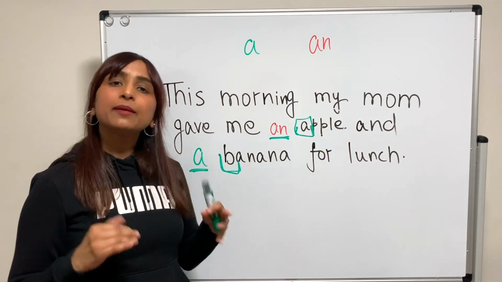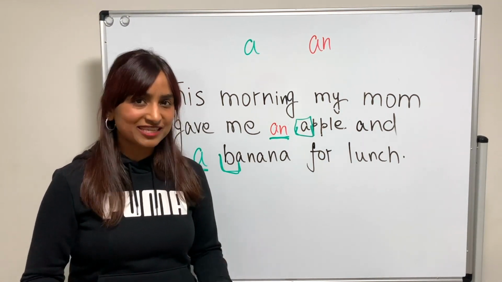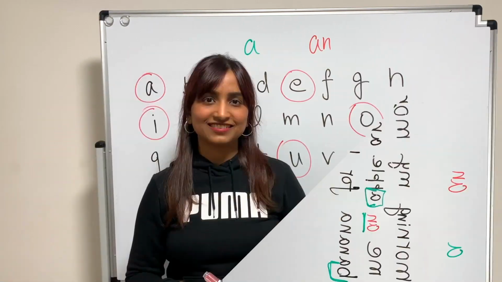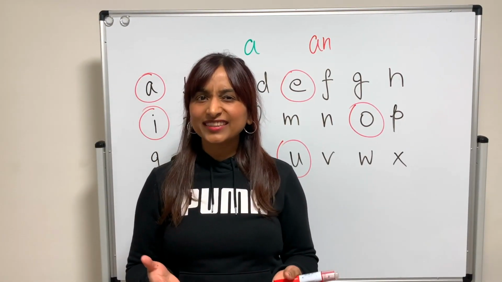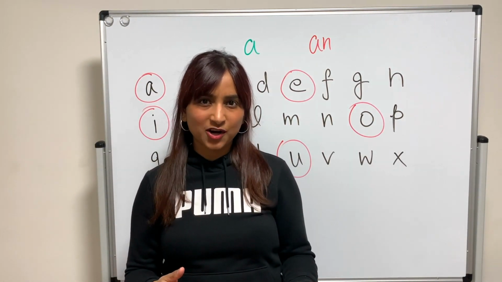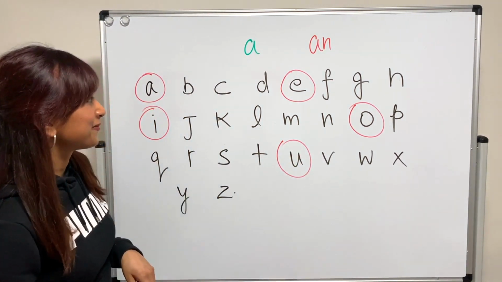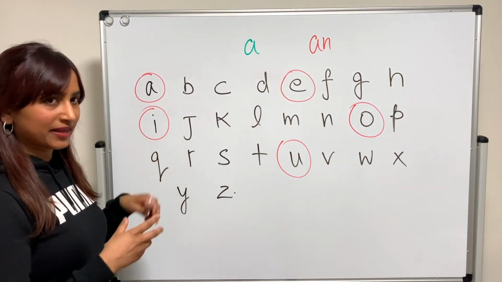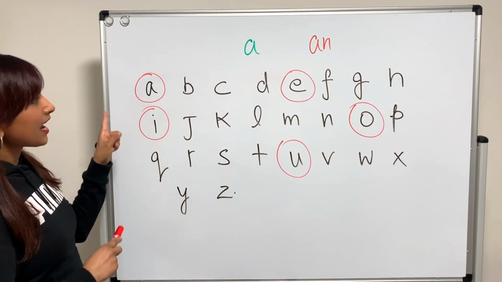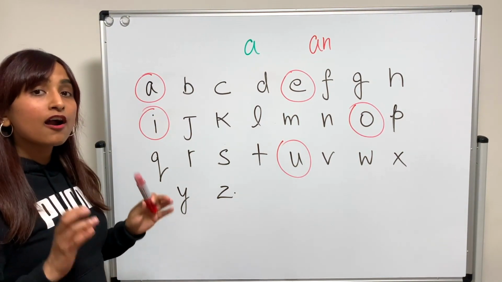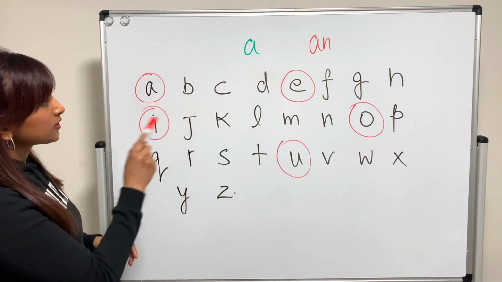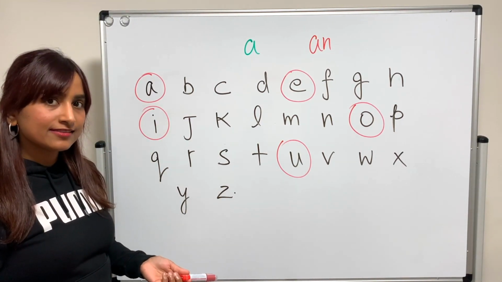Okay? So let me share some examples with you. You might be thinking what these vowel and consonant sounds are. Let's take a look here. This is the English alphabet. And the letters A, E, I, O, U are vowel letters. And the rest of the letters are consonants.